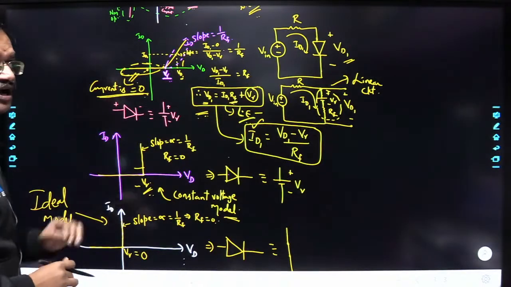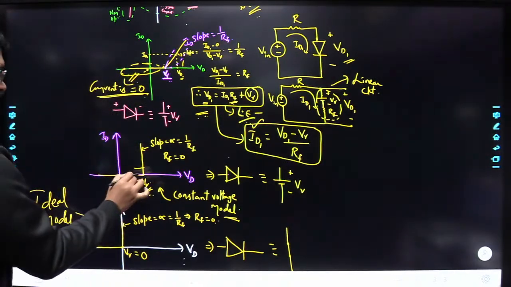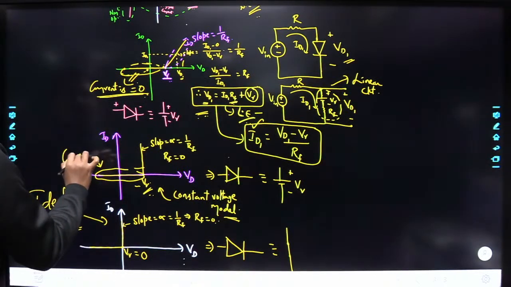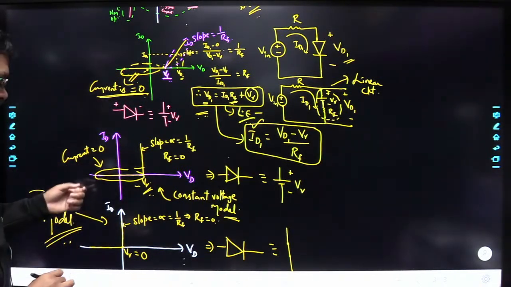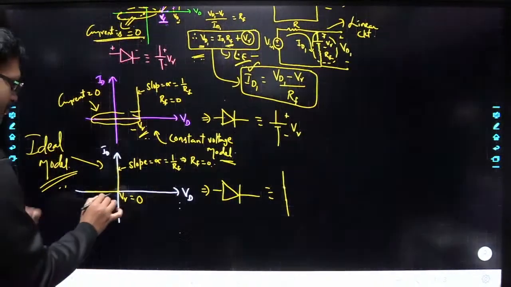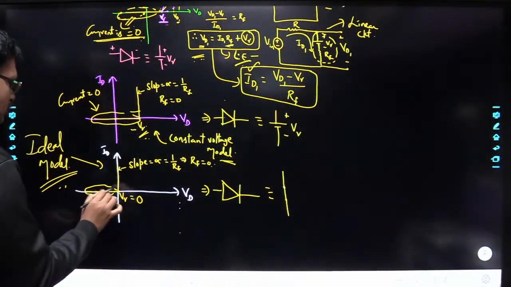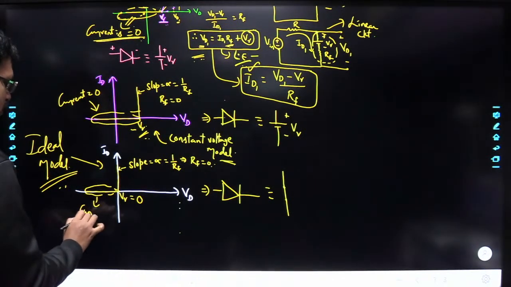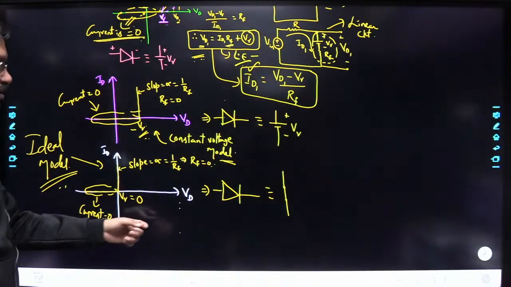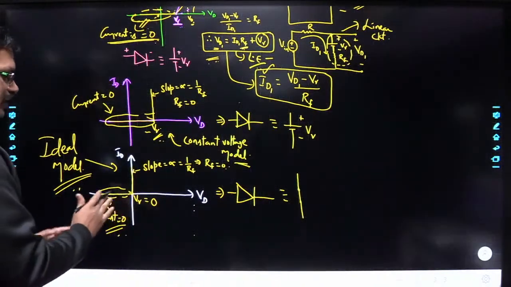The current through the diode is 0 here, and in this region also the current through the diode is equal to 0, until it reaches V gamma.